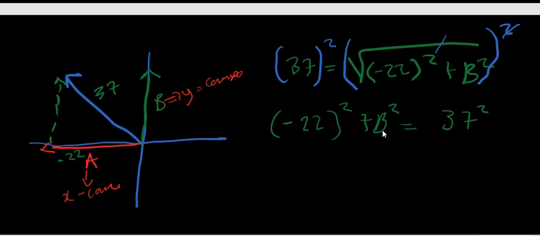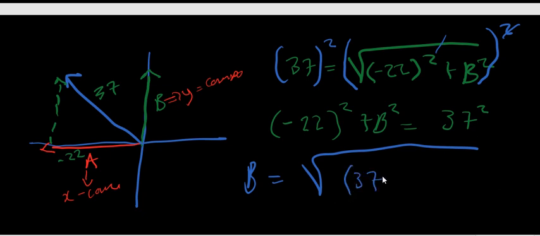So from here, when you make b the subject of the formula, you're going to find that b is equal to square root of 37 squared minus negative 22 squared.